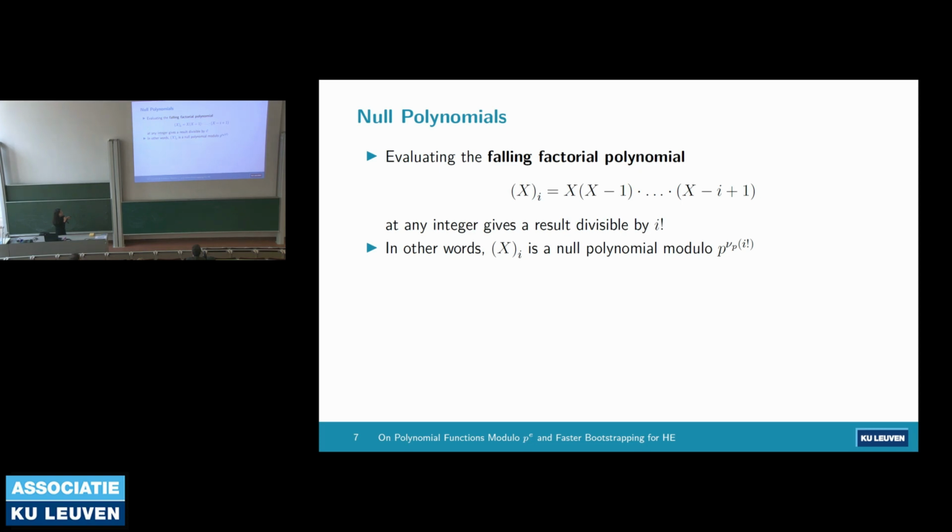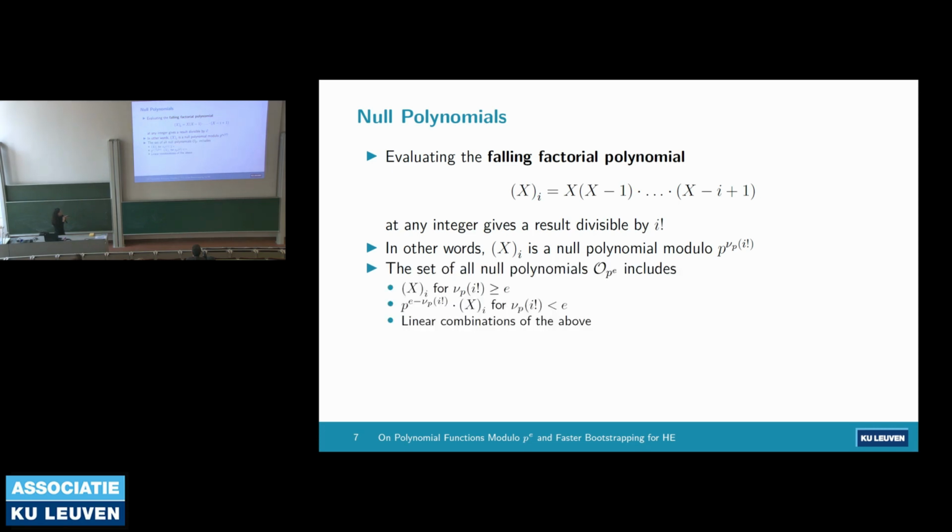Therefore, if the p-adic valuation of this i factorial is no lower than e, that means this falling factorial polynomial of degree i is a monic null polynomial modulo p to the power of e.